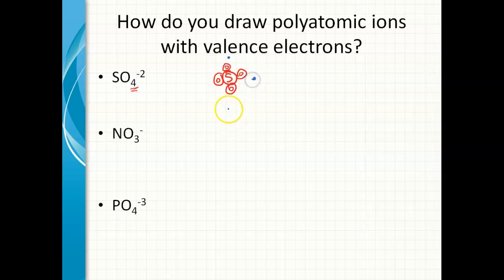So that -2 charge tells us that it wants to gain 2 electrons, those negative electrons. And the reason why it wants to gain 2 is to get that full valence shell, which is 8. And so for that reason, I'm going to be drawing 6 valence electrons.